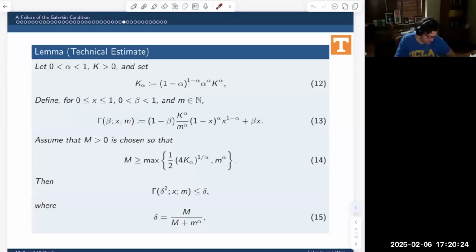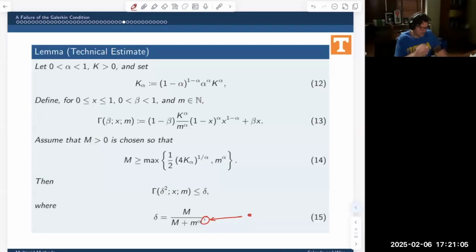Then it follows that if I put in delta squared for beta, for any x and any m, gamma delta squared xm has to be less than or equal to delta, where delta is equal to a particular value, m over m plus m to the alpha power. So we're going to show that next time. This is a typo here because that should have been a period.